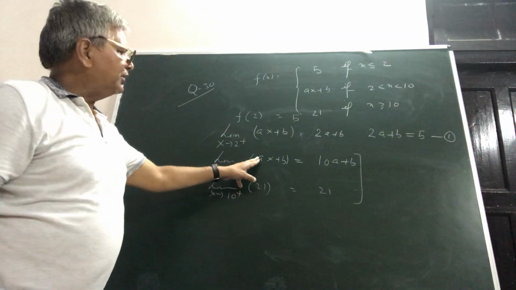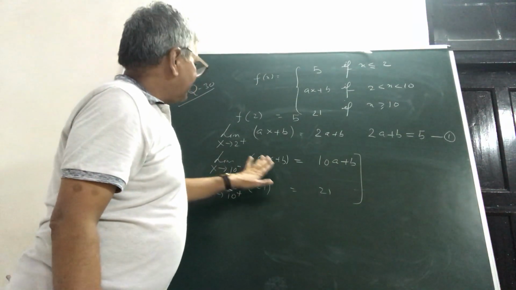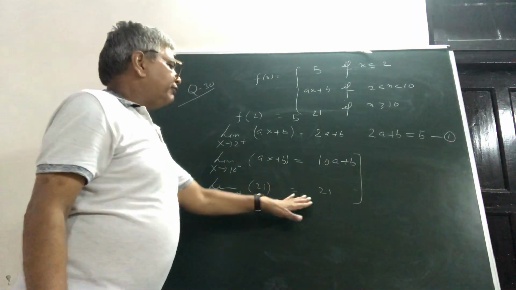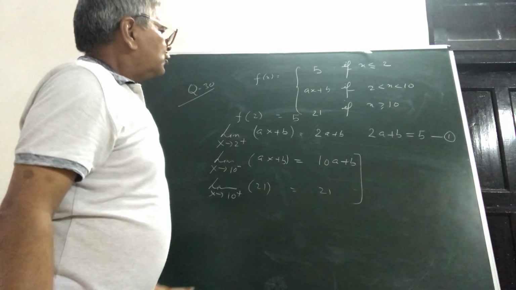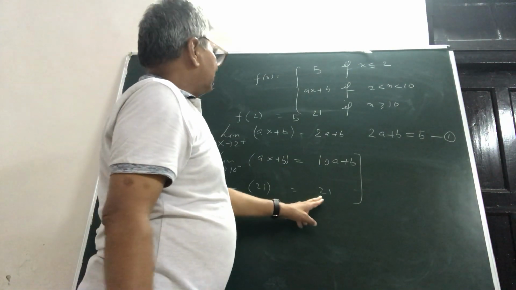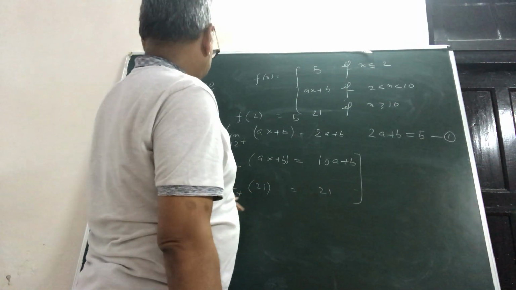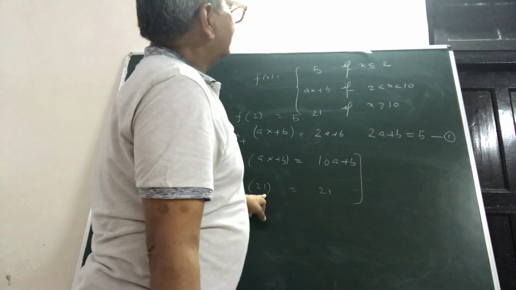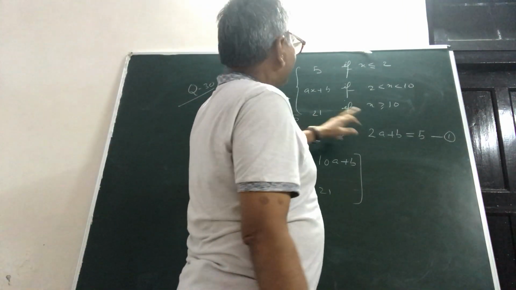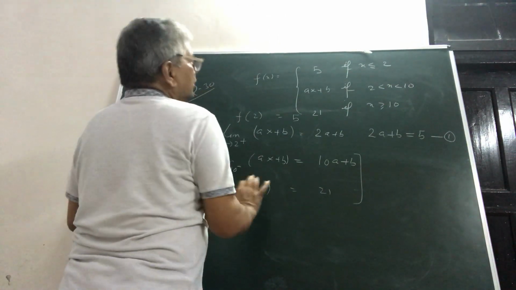At 10, since the function is continuous, both the left hand limit and right hand limit should be equal to the functional value, and the left hand limit should be equal to the right hand limit. So either you put 10a plus b is equal to 21, or you calculate the value of the function at 10.